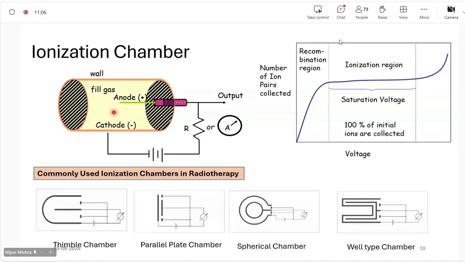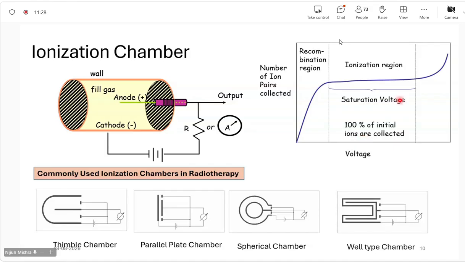So this is again the saturation region explanation. So 100% of initial ions are collected. The rate of formation of ions remains fixed, and as many ions as are getting produced, we are collecting all of them. So we obtain a saturation region.